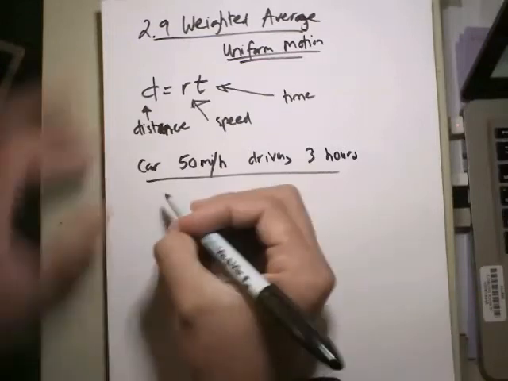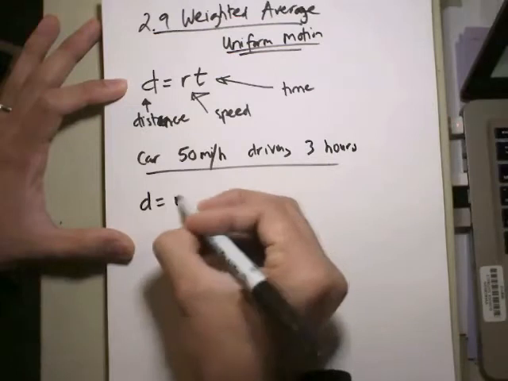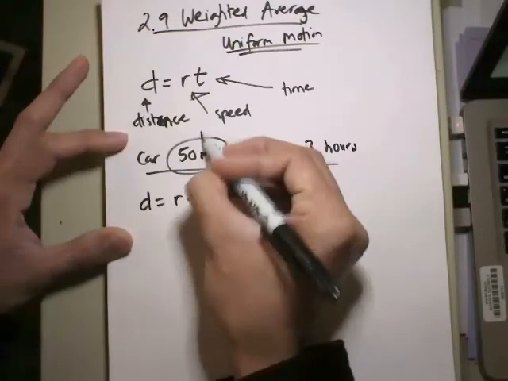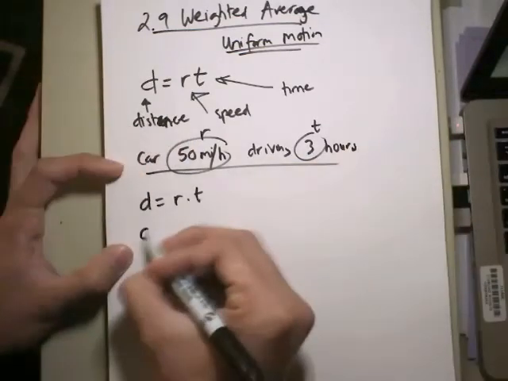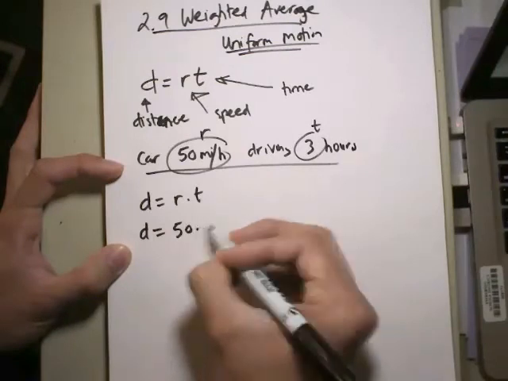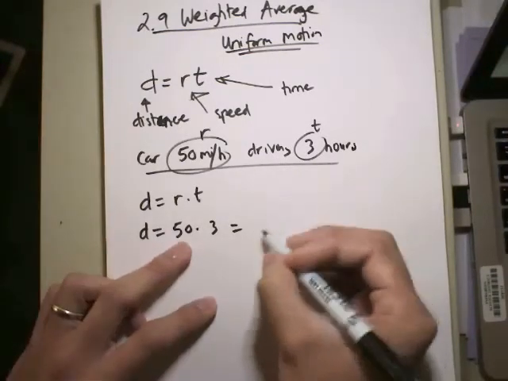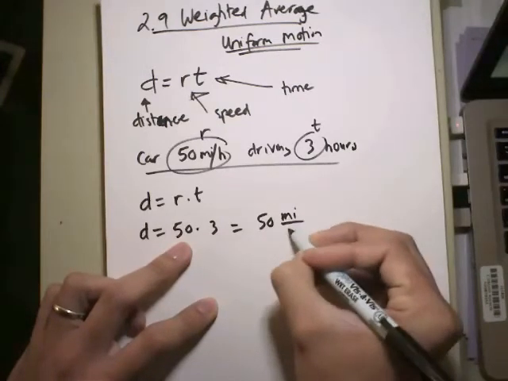So in this case, I can certainly use the distance model right here. D equals R times T, and I simply plug in what I have. This is the rate, which is my speed, and this is the time. So I plug in the values, which means I have 50 times 3, which ends up being, well, let me just show you the units here: 50 miles per hour, right?